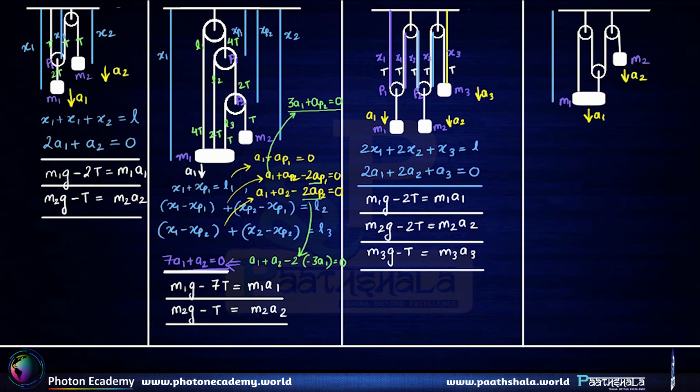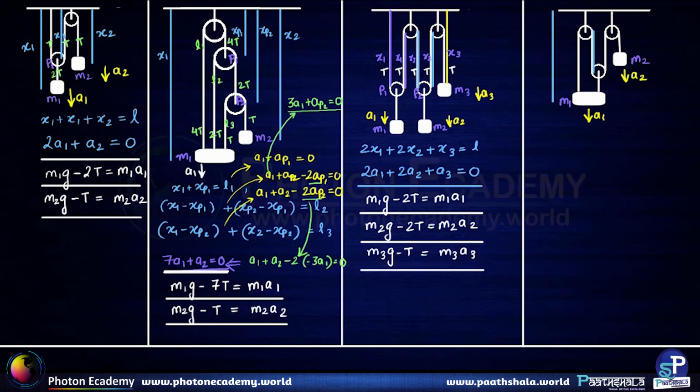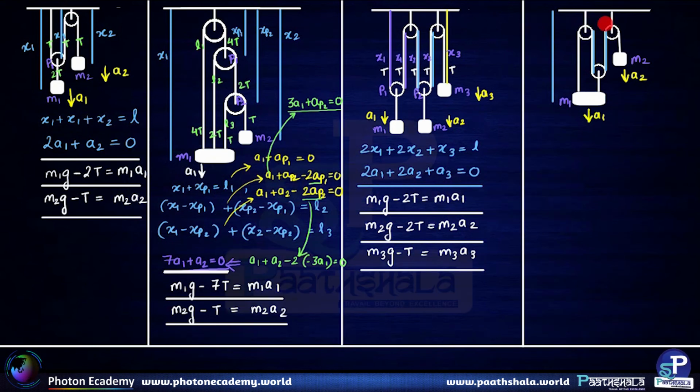This pulley is also connected to the mass m1. So this distance also happens to be x1. This distance also happens to be x1. See, the difference in distances x1 over here, this part, is constant. So whether I take it or not is immaterial, because even if I had taken it, then it gets differentiated out to be 0. Similarly, the same thing happens over here.